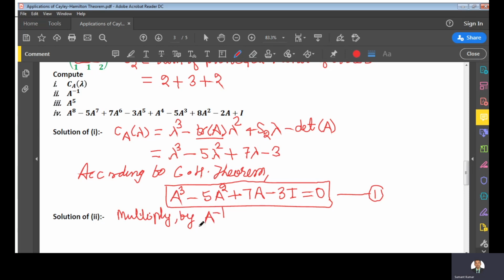As a result you will get A raised to the power 2 minus 5 times A plus 7 times I, the identity matrix, because A into A inverse becomes identity. Now minus 3 times A inverse, because A inverse into the identity matrix is A inverse itself. So this is the expression I am getting here.